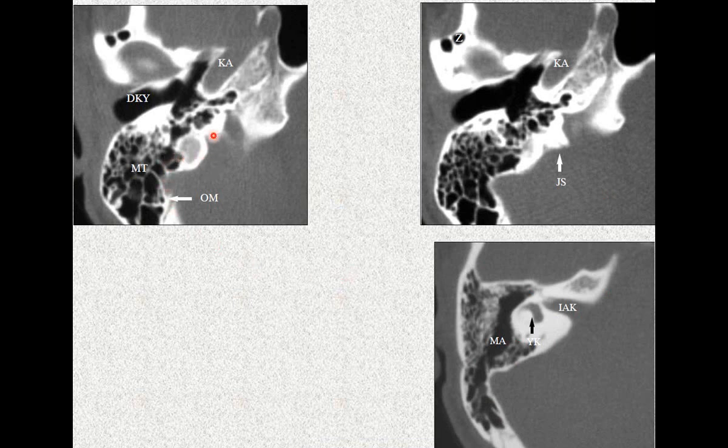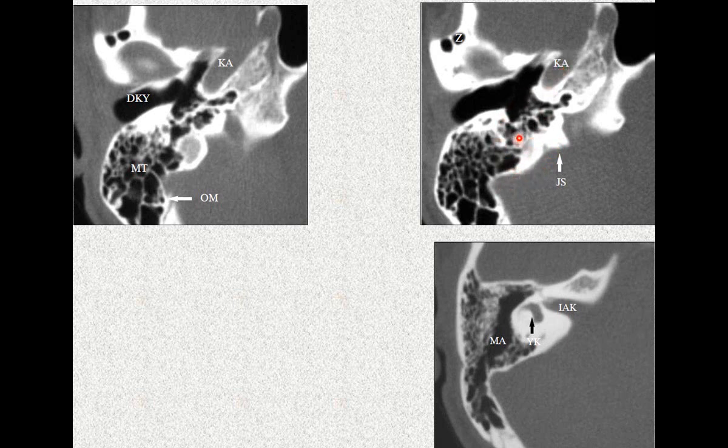Section below, the external auditory canal, as we see, and this is the mastoid tip cells. This is the mastoid tip cells, and this is the occipitomastoid suture. This is normal mastoid in high resolution CT. Here are the zygomatic accessory cells, jugular spine, carotid artery canal.